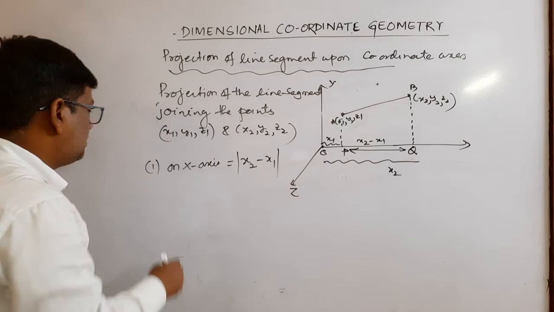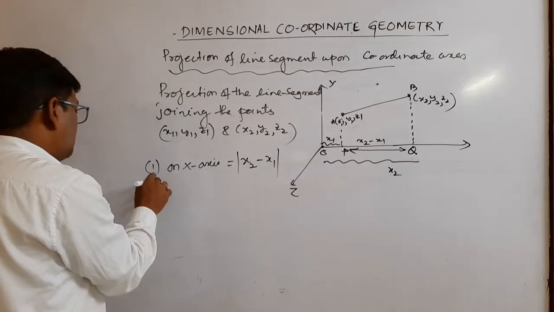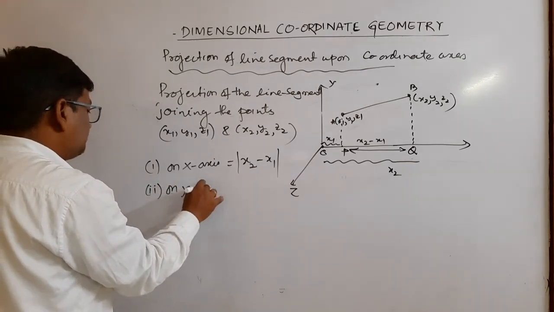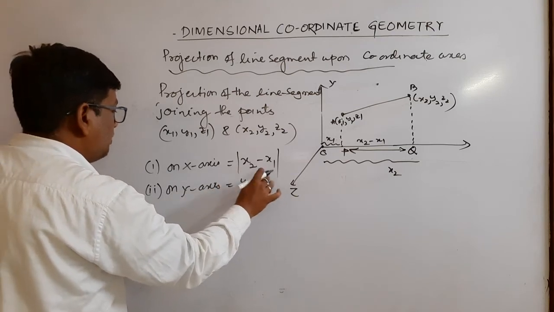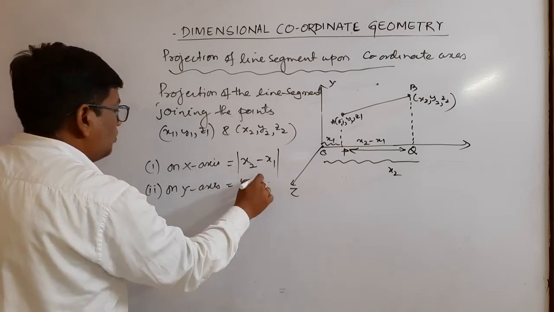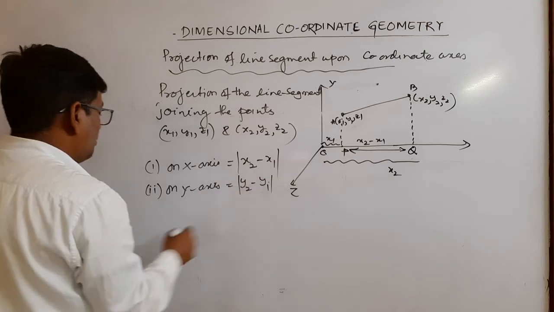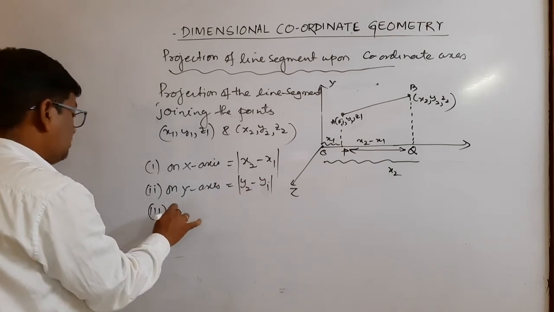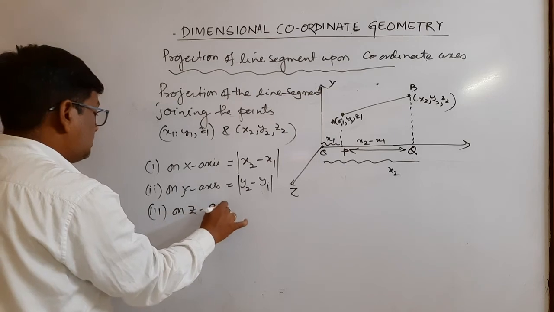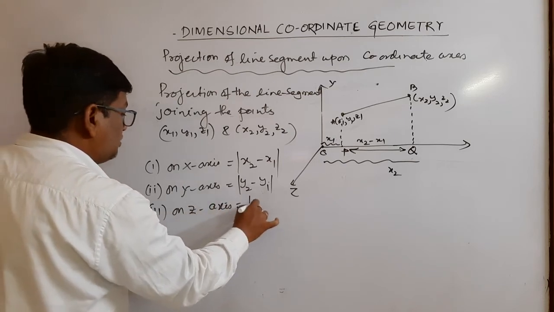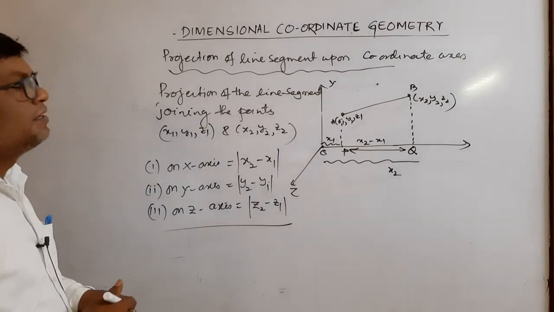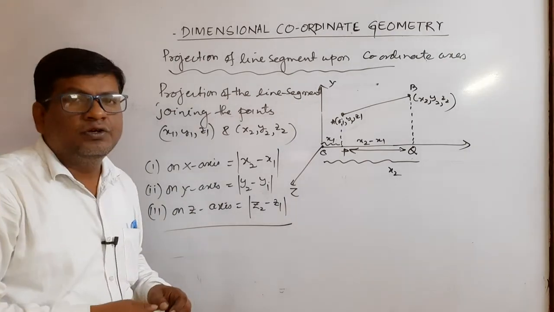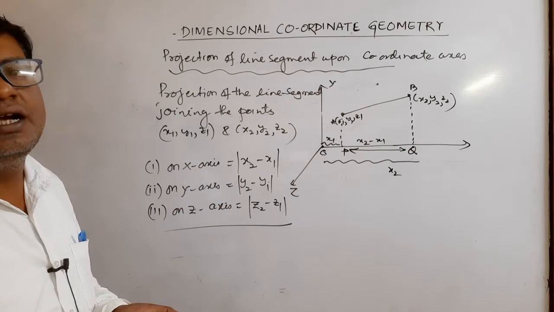Similarly, on the y-axis it is mod of y2 minus y1, and on the z-axis it is mod of z2 minus z1. This is the projection of the line segment joining two points upon the coordinate axis.